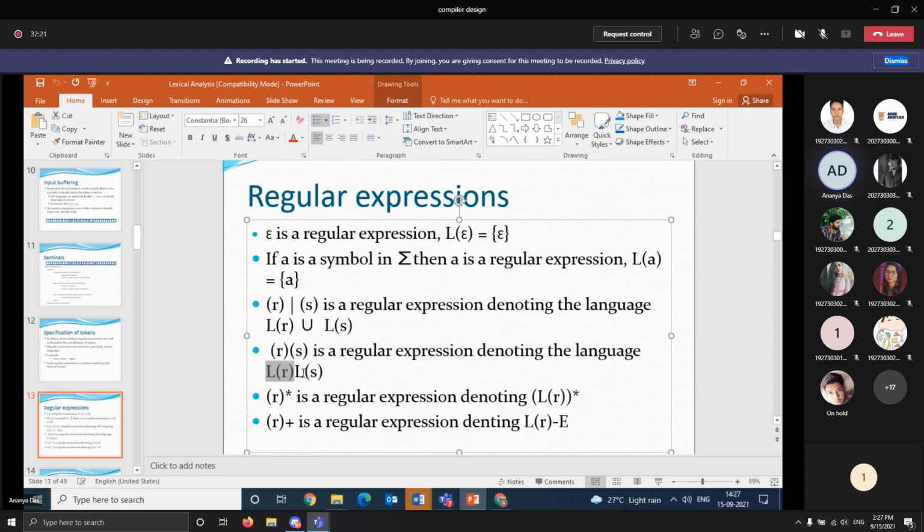Next, if you are utilizing R followed by S, like here R followed by S, so this means that this is a series connection.